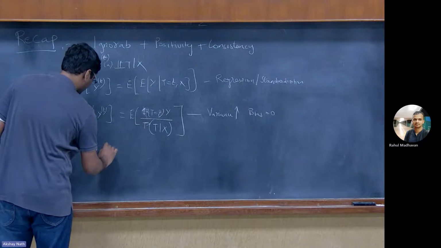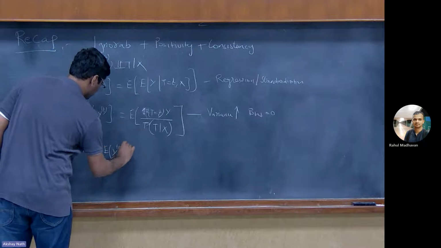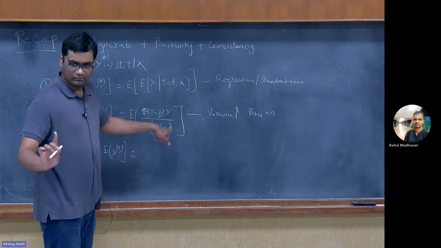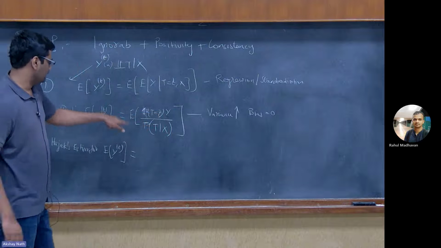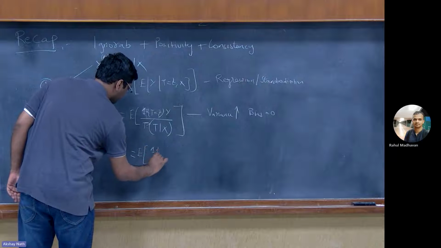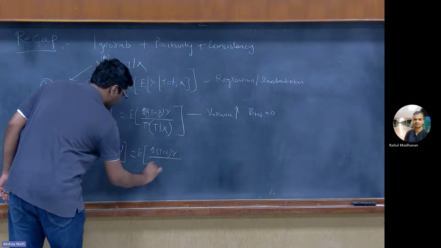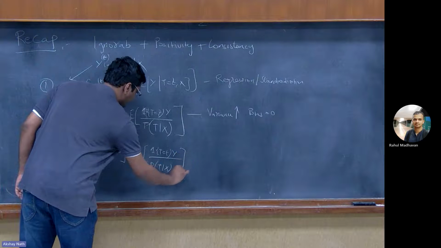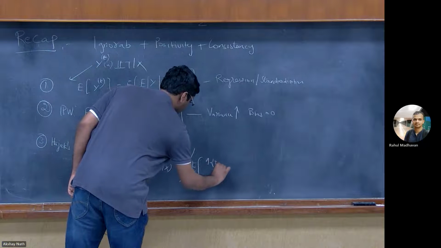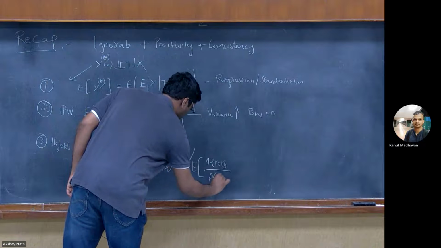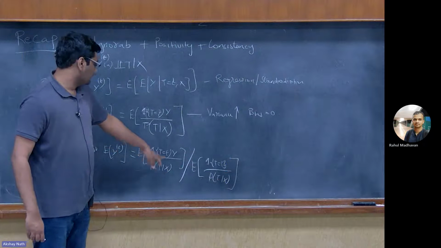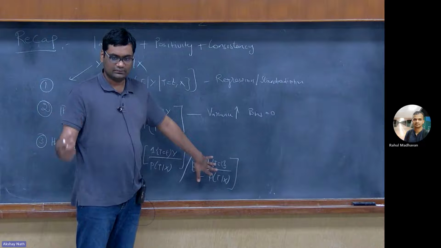Then we saw the IPW estimator, which is given by again the same thing. The left-hand side remains the same. We said that without Y, this quantity is 1. That's what we proved last time. And the estimator would basically simply be the expected value of the indicator that T is equal to t times Y divided by probability of T given X, divided by just everything without Y. If I get an empirical estimate of this, consider these to be W of X, the weight functions.